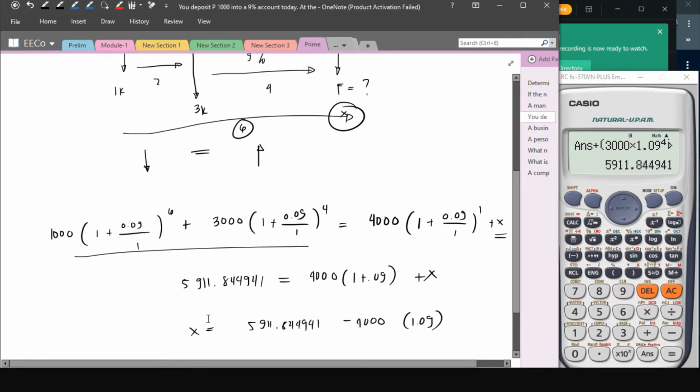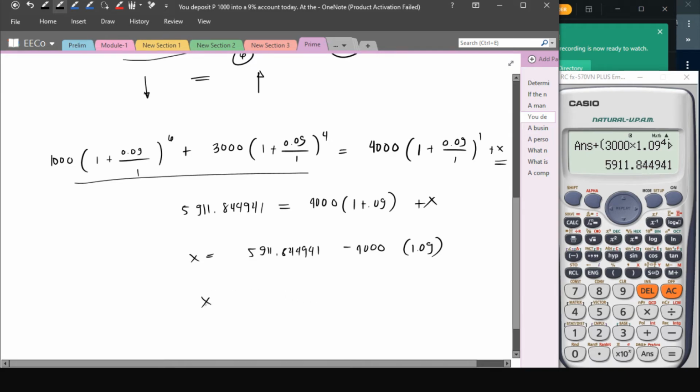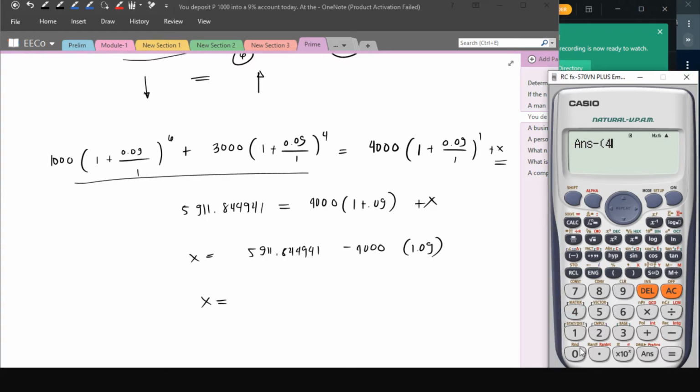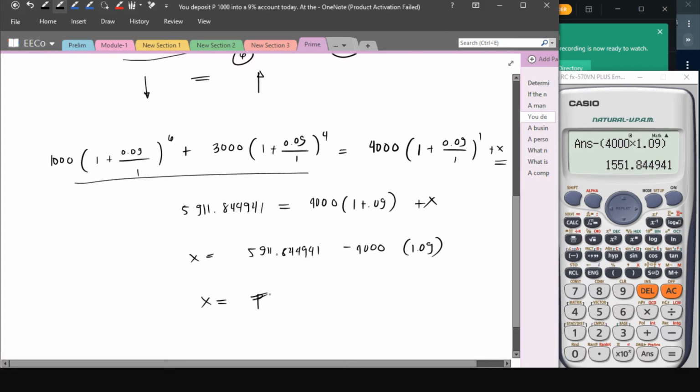So, after the withdrawal of 4 years, the account will be left with 1,551.84 pesos. Yan na lang yung matitira sa account mo after 4 years. Okay? Basic yan.